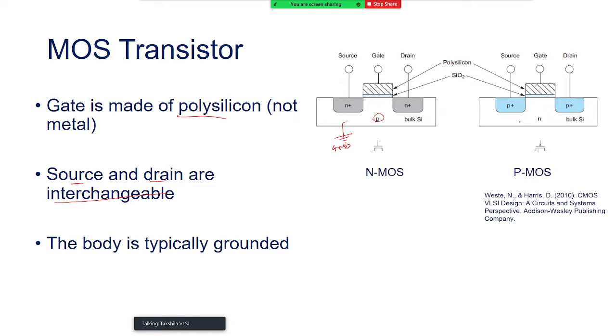For the PMOS, I will connect the body to the highest potential in the circuit, let's say logic 1, while here it's logic 0. Why do I do so? Because as soon as I connect the body to the ground, you see this is N and this is P, this is N and this is P. So do I see that I have a PN junction diode here?